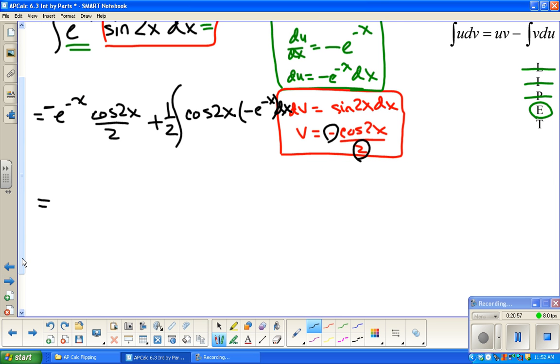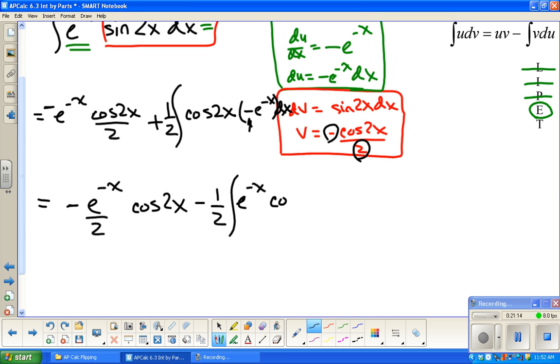I'm going to go ahead and rewrite this. And I mean, you probably can sense that I don't even like this stuff. So sorry, but it is part of what we need to do here. Okay, I'm going to pull that negative out in front. So this is negative 1/2 antiderivative of e to the negative x cosine 2x dx.